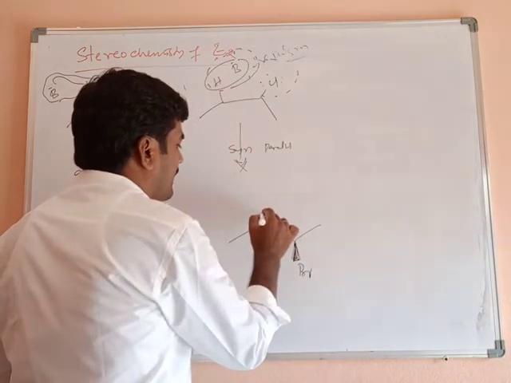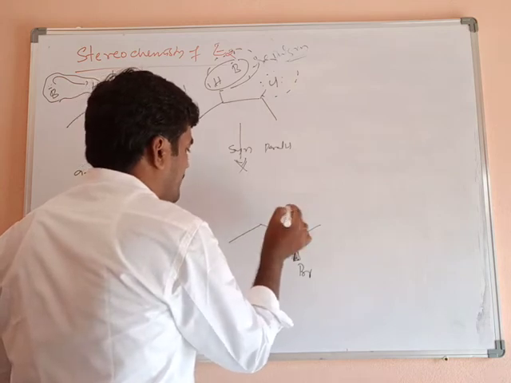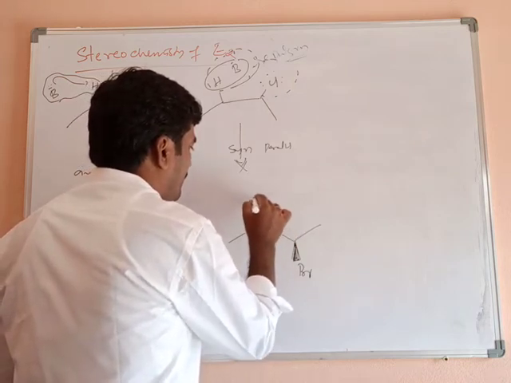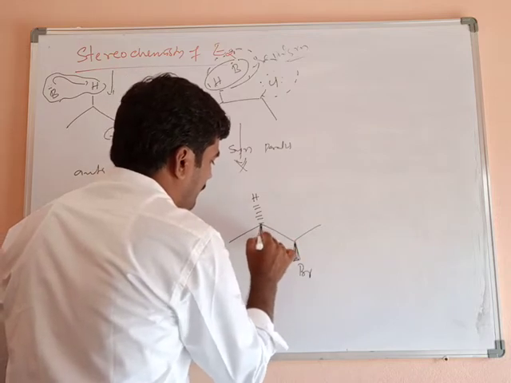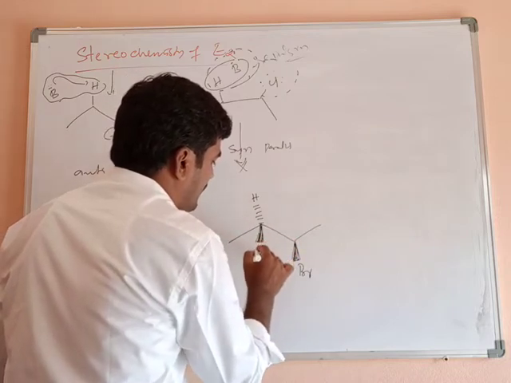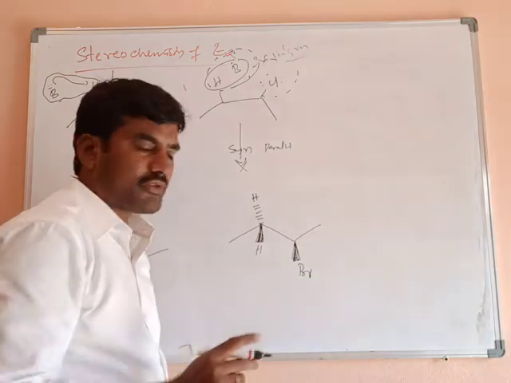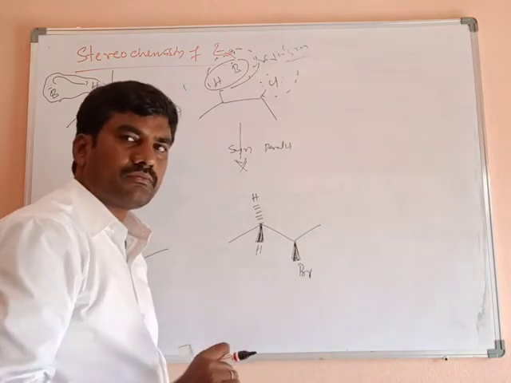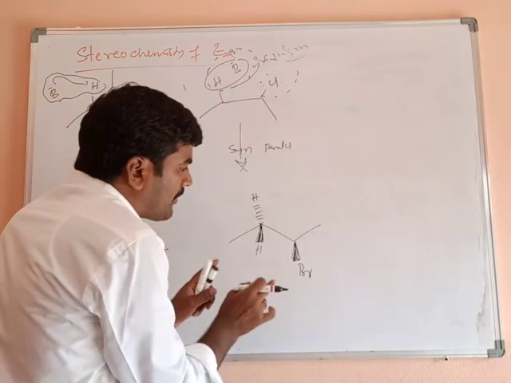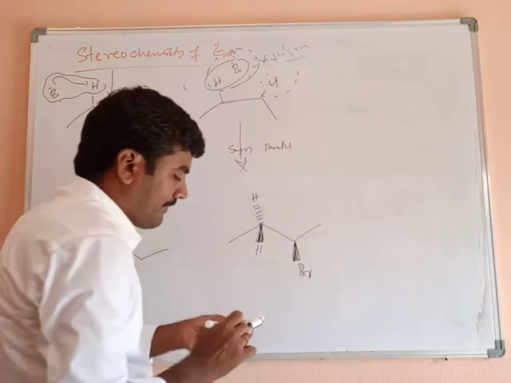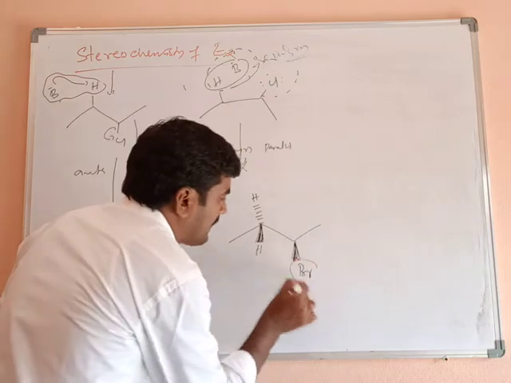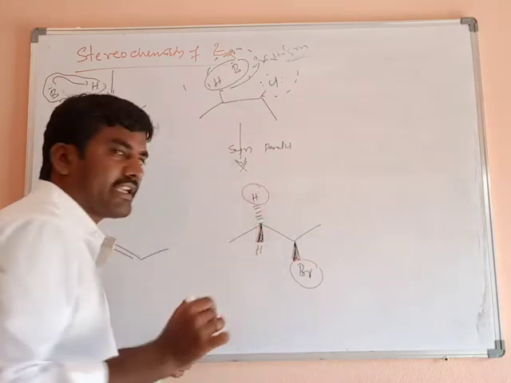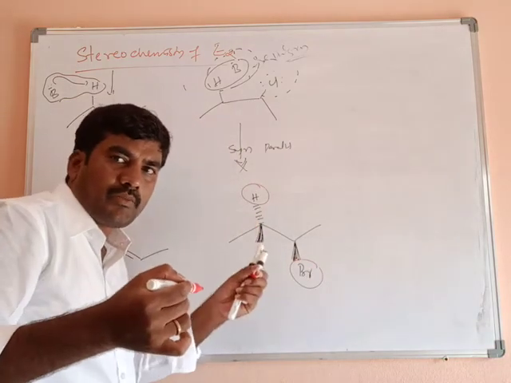And a hydrogen atom present on a dash bond. Two hydrogens are there, so one more hydrogen is present on a wedge bond. Now which is in the opposite direction? This wedge bond bromine and this dash bond hydrogen are in opposite directions. One is above the plane, another is below the plane.